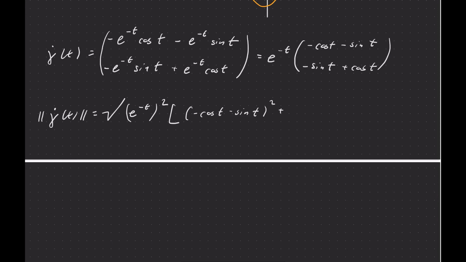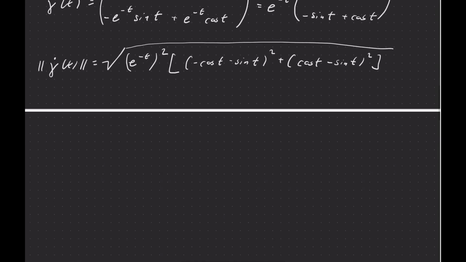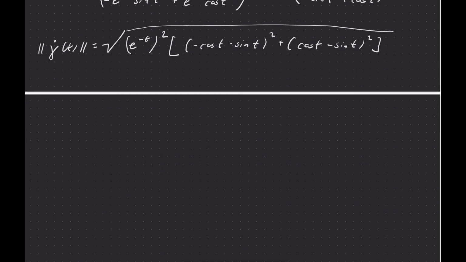I'm going to turn this around and write that as (cosine t minus sine t) squared. Okay, we can take this e to the minus t squared out of the square root. So that's just e to the minus t. That's a positive number anyway.